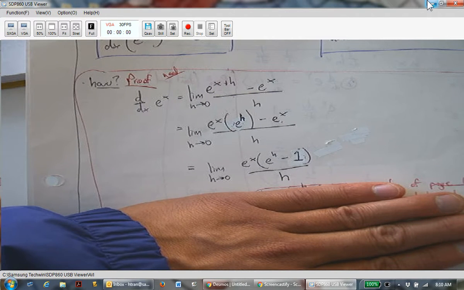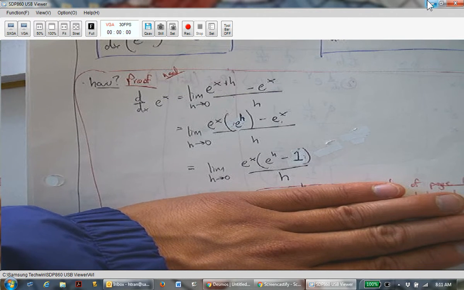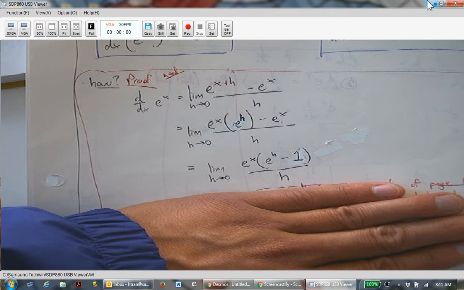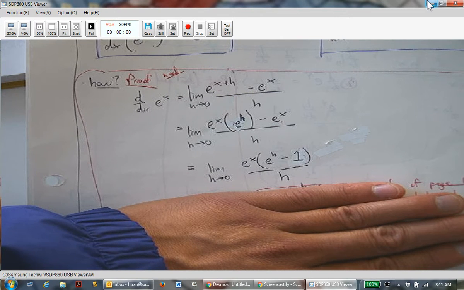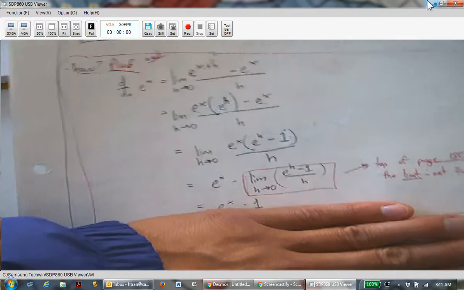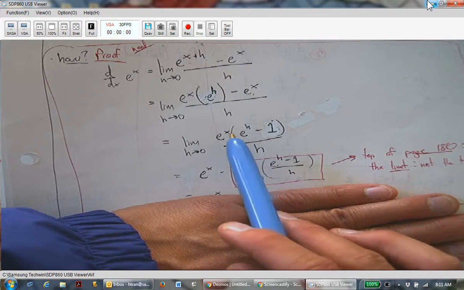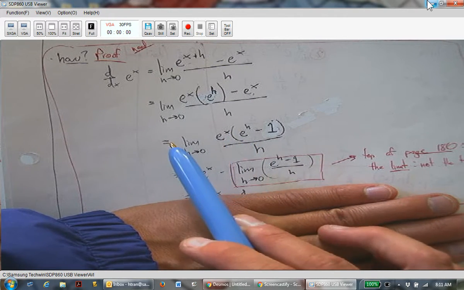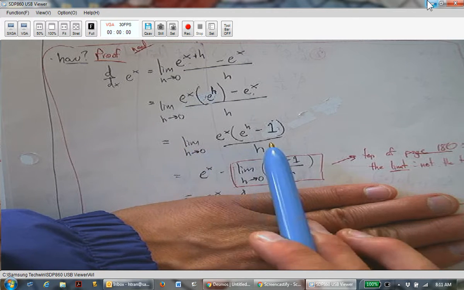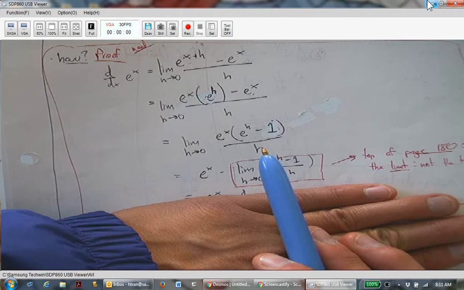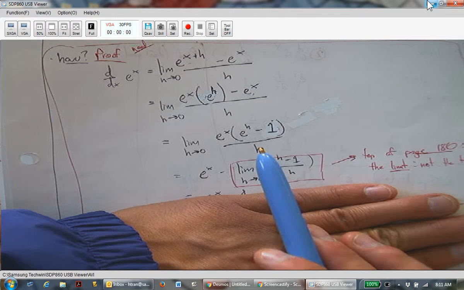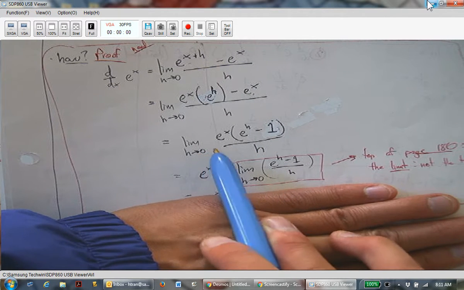The next part, go ahead and write this down, does require us to look at your book in order to justify this next step. What I'm going to do now is separate e to the x from this limit, because we're only looking at the limit in terms of h and what it's approaching.